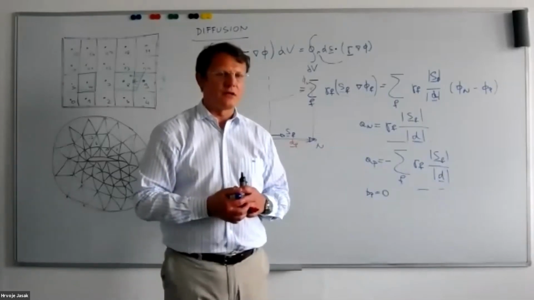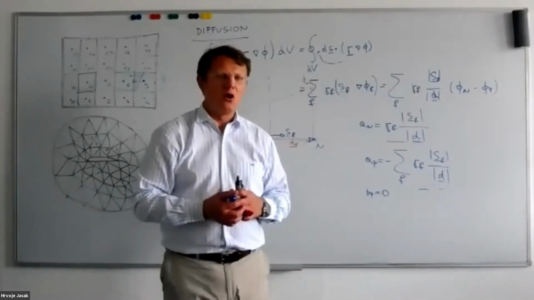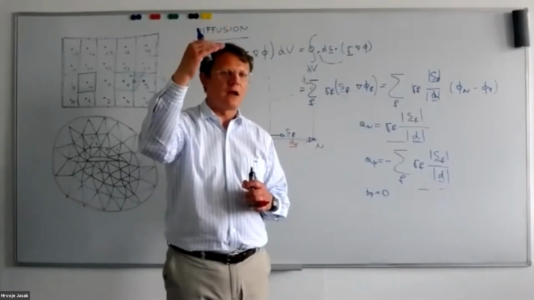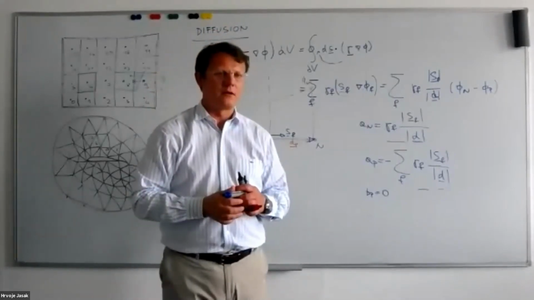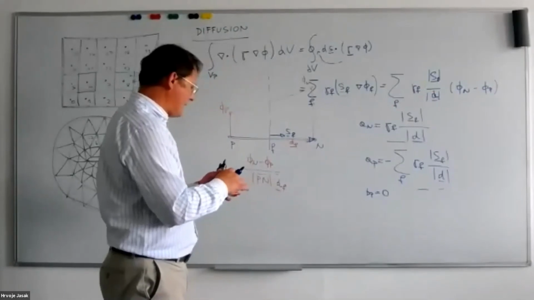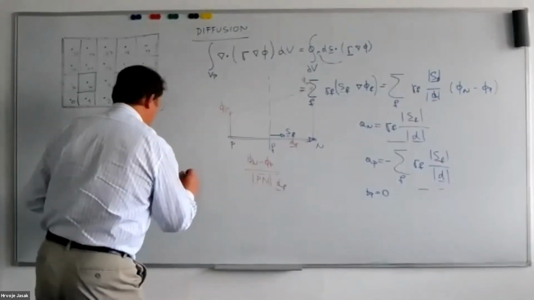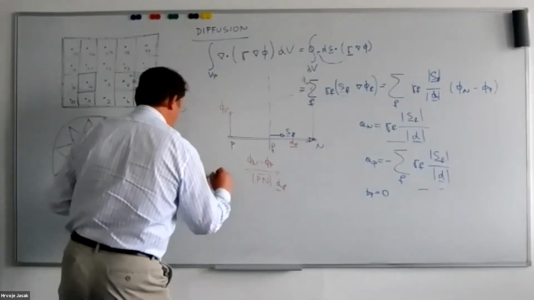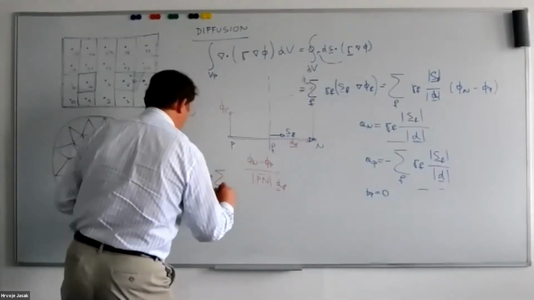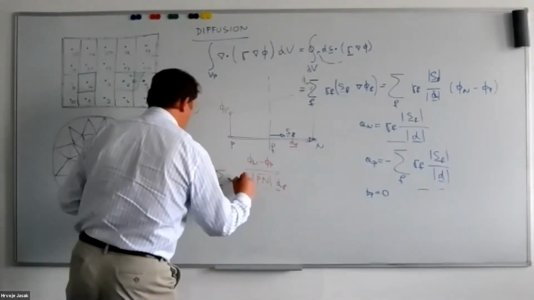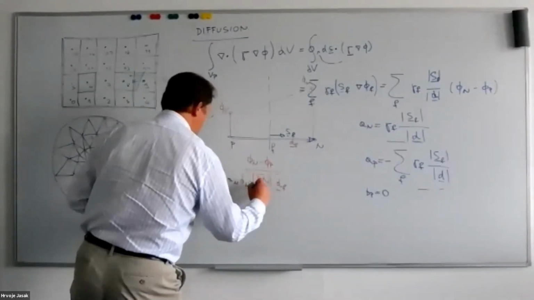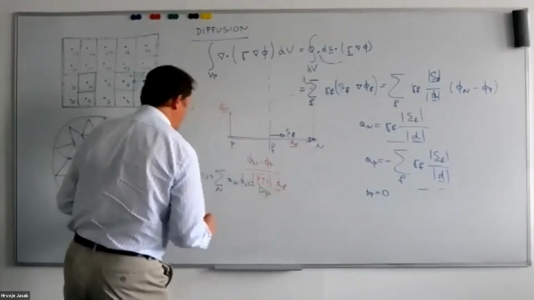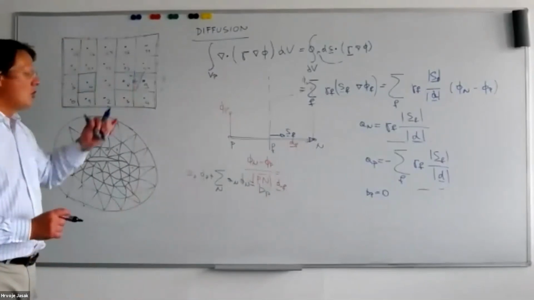And that allows us to assemble the matrix from the rate of change, convection, and diffusion operator to create the final expression reading aP phi P plus sum over the neighbors aN phi N equals bP for each of the computational cells.